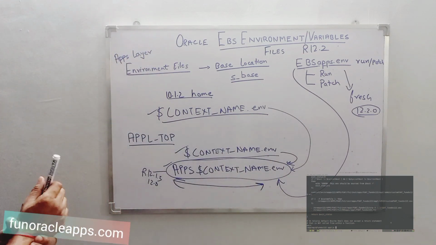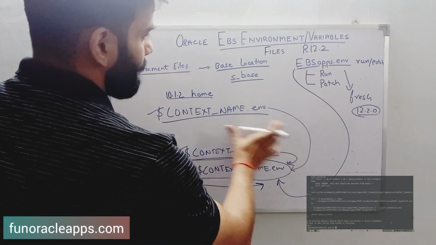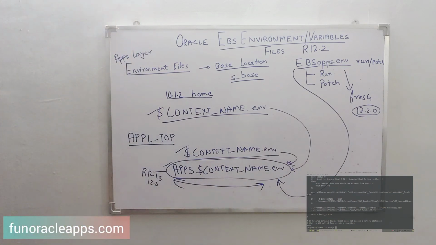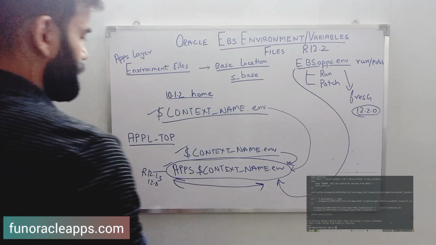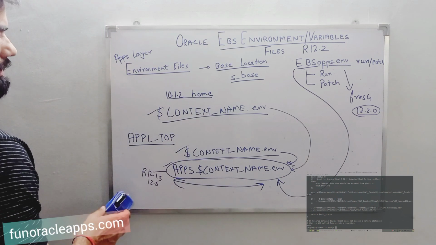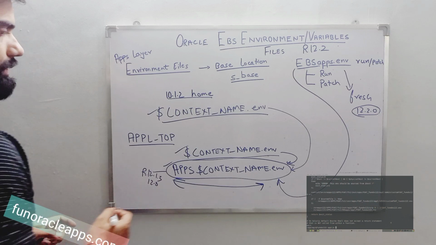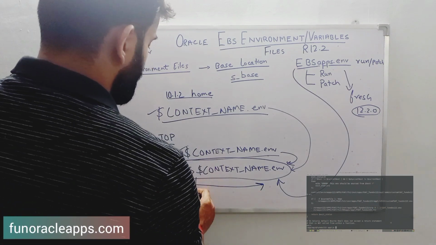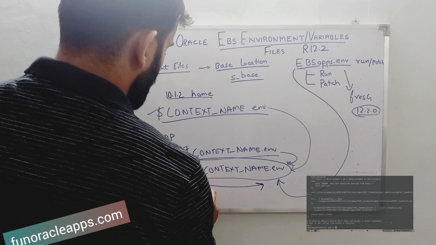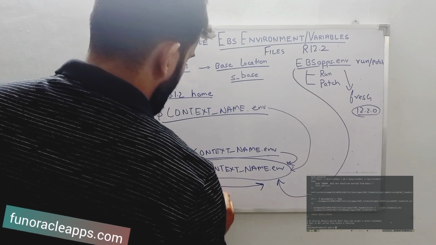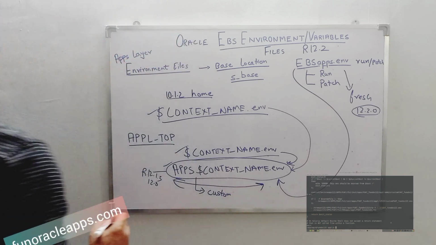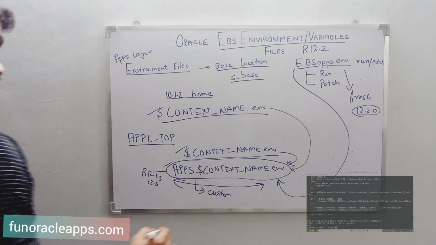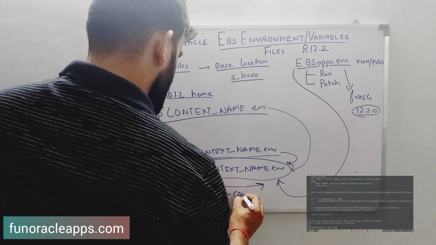You should simply be using a file called the custom environment file. Okay, so what I will do, I will show it here only. If you open this file, there is a name called custom context name.env.